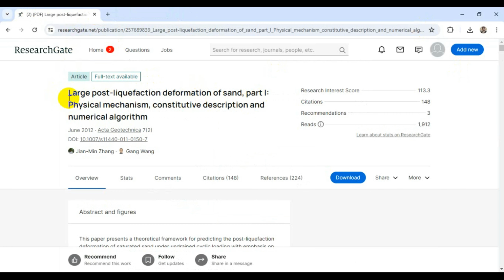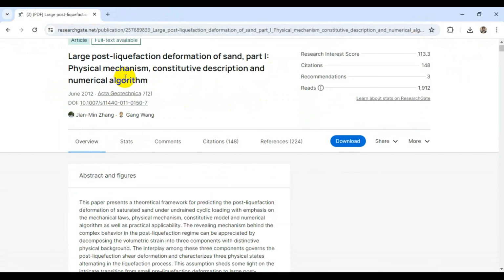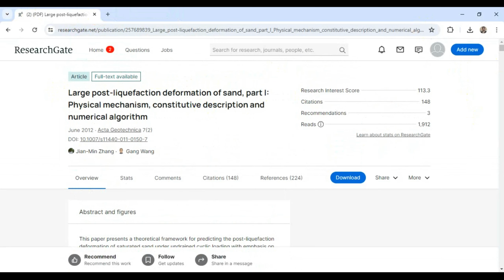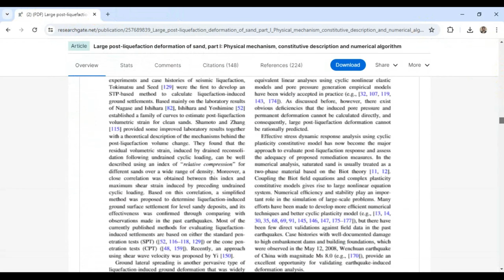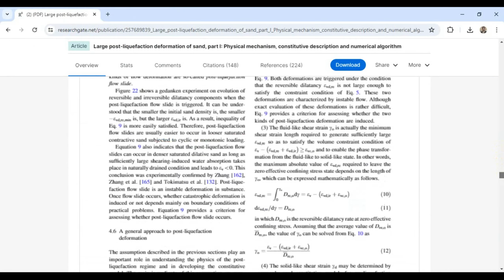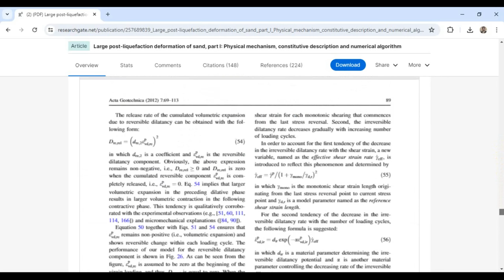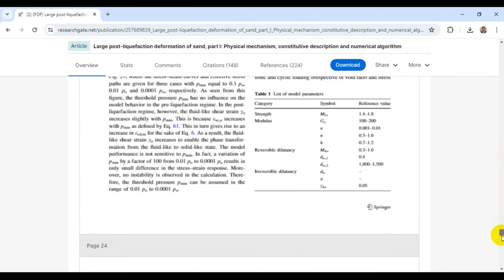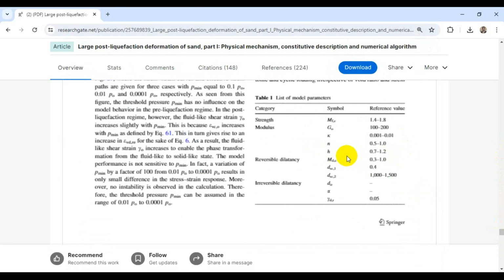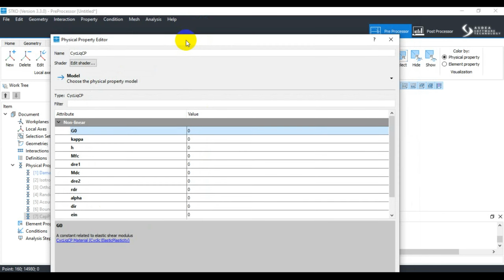The research paper, "Large post-liquefaction deformation of sand, part one: physical mechanism, constitutive description and numerical algorithm," covers the parameters of this soil model, and the ranges are already given in table number one here. So just in case you are wondering about the nomenclature, you can use these in your analysis file here.